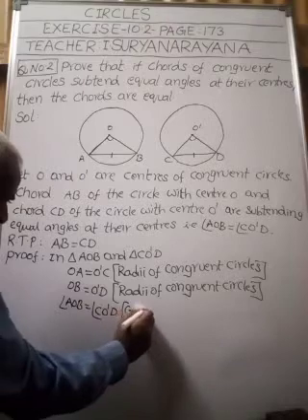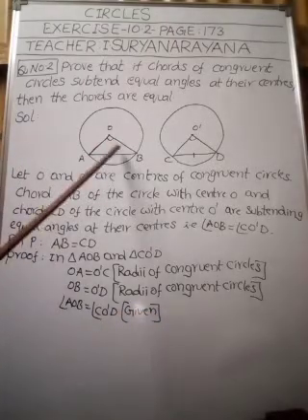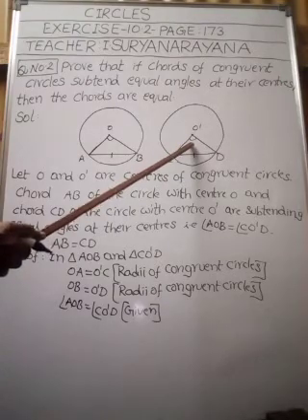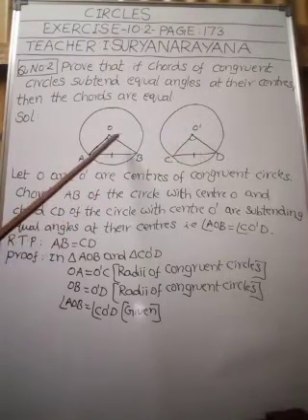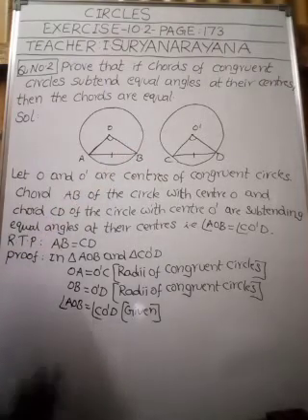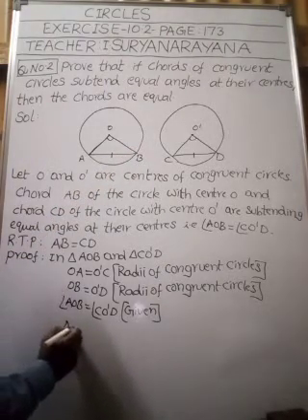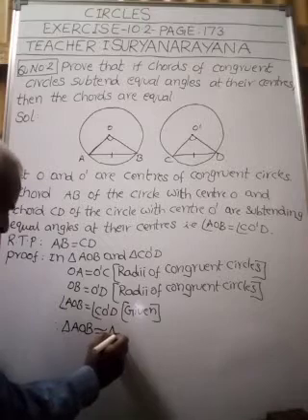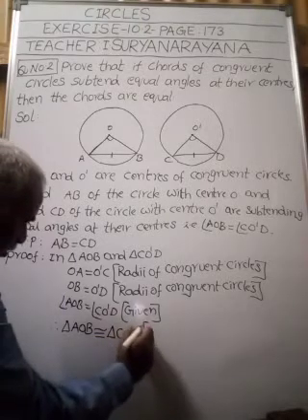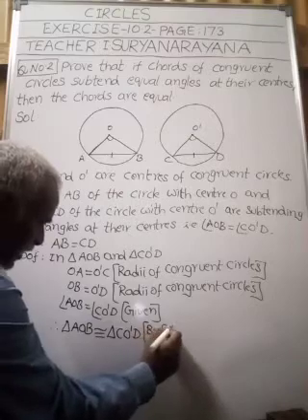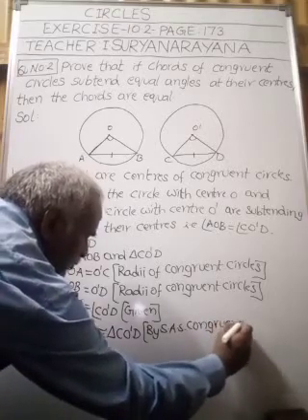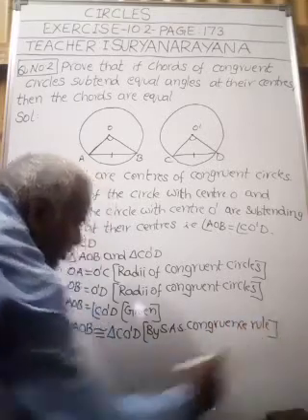So in these two triangles, two sides and the included angle in this triangle are compared with the two sides and included angle in the second triangle. They are equal. Yes or no, my children? Therefore, triangle AOB is congruent to triangle CO dash D by SAS congruence rule.